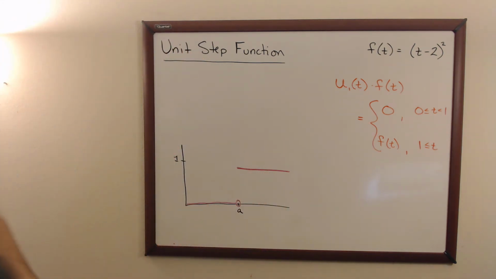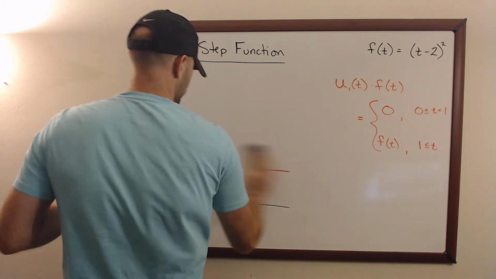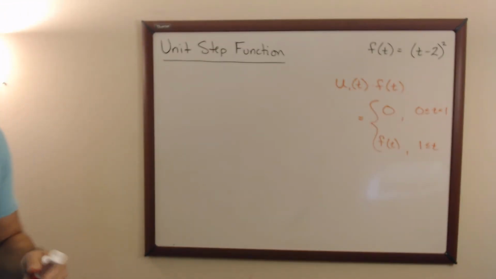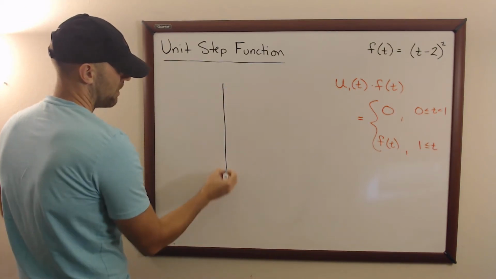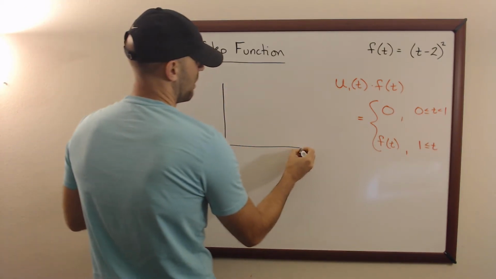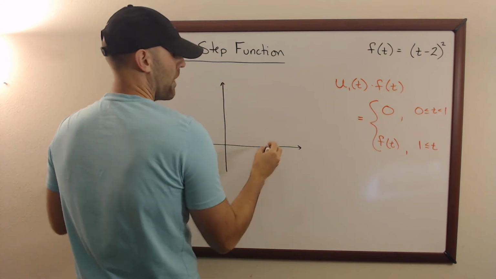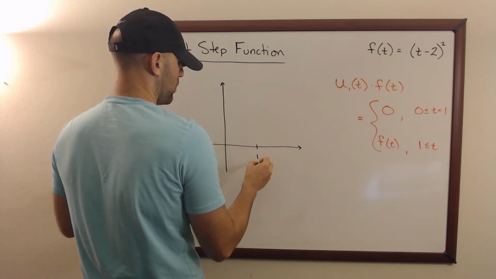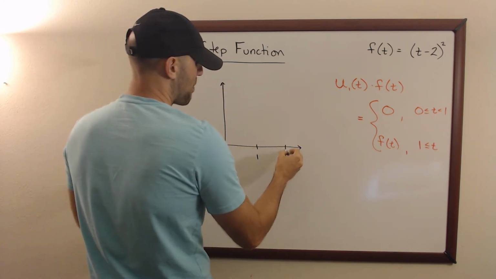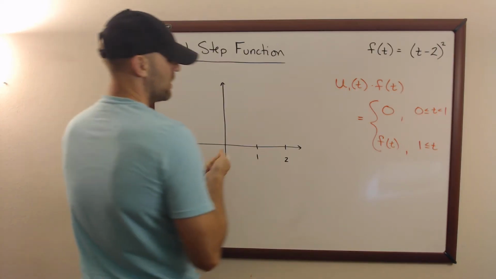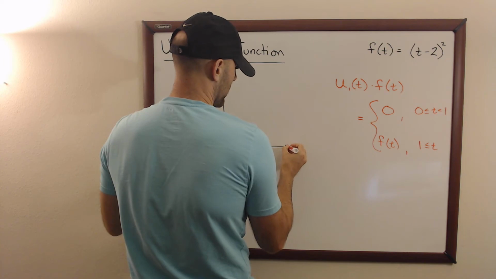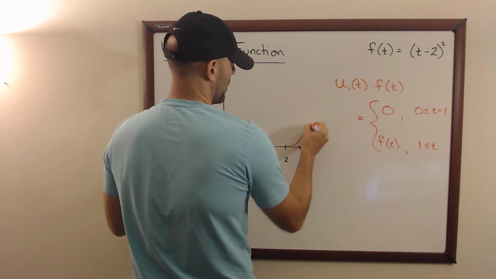So if I wanted to graph this function, let's see what I have. There's 1. Now I know what my parabola would normally look like, it would look like this.